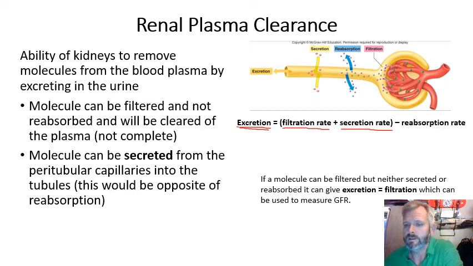But there's stuff, the reabsorption rate. Reabsorption goes in the opposite direction of filtration and secretion and brings stuff from the tubule back in. So to figure out excretion, we can have filtration rate plus secretion rate minus what's being brought back into the body.